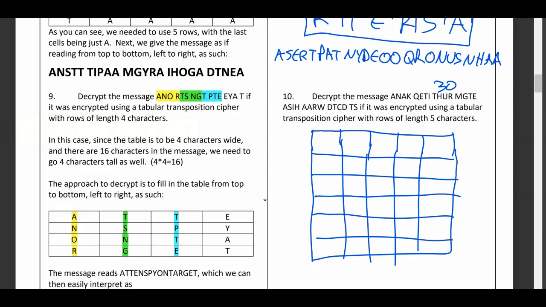But these were given, and we put them in vertically.